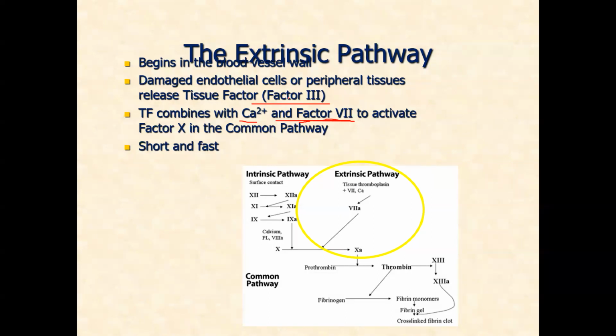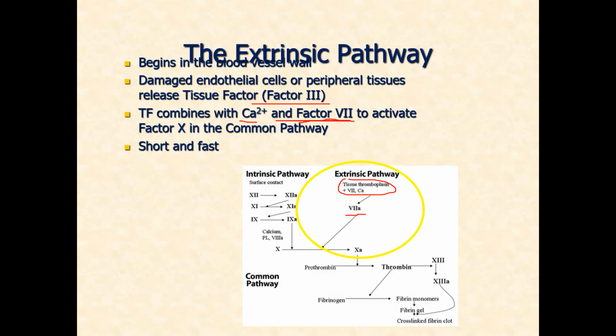In the blood, in addition to calcium, you also have factor 7, which is made by the liver. These three things, the tissue factor, the factor 7, and the calcium, all combine to form a complex, the tissue factor, factor 7 complex. So all three of these combine to give you this.